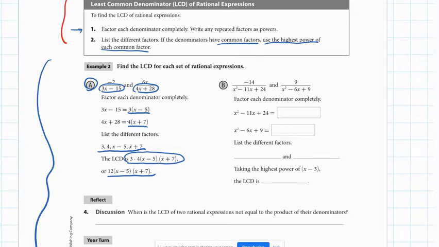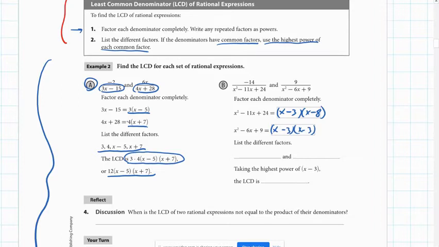Okay, in example B, we're going to go through the same process. So to factor this denominator, we would have x minus 3 times x minus 8. And to factor this denominator, we would have, let's see, x minus 3 times x minus 3.